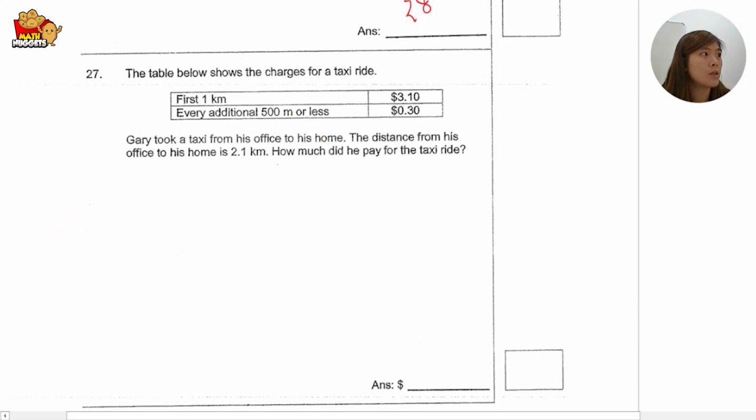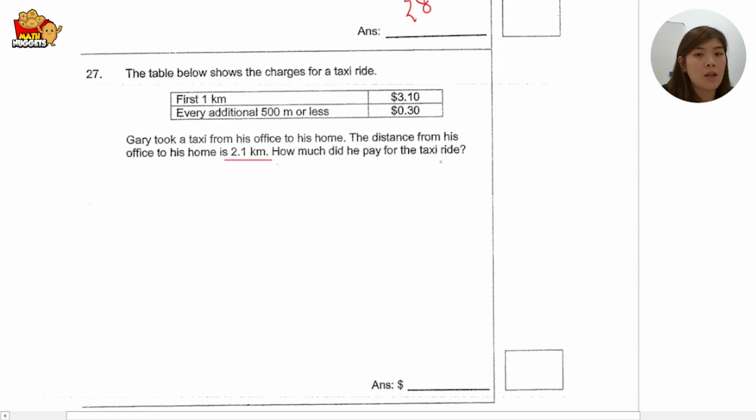For the next question, the table below shows the charges for a taxi ride. The first 1 km is $3.10. Every additional 500 meters or less is 30 cents. Gary took a taxi from his office to his home, and the distance is 2.1 km.